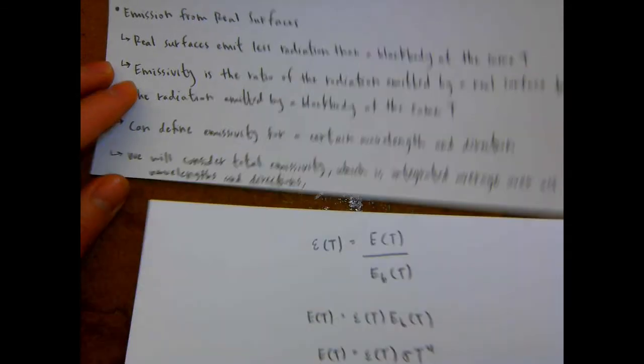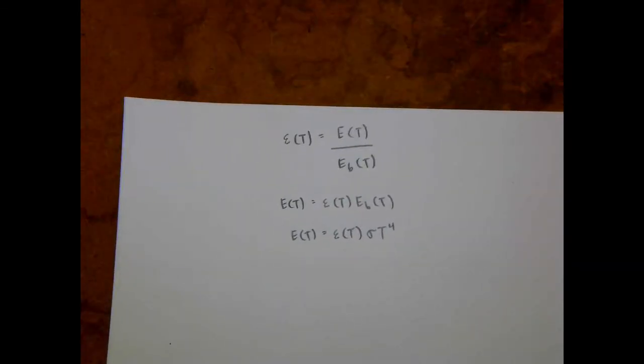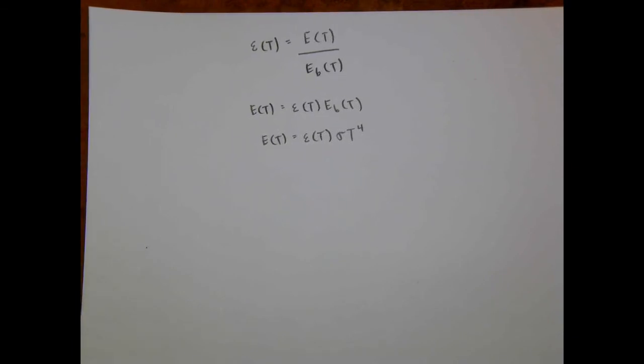Okay, so we're going to start the slightly more practical application of radiation now. We've been doing a lot of theory, a lot of definitions and derivations. So really what we're interested in is how much radiation is exchanged between two surfaces.